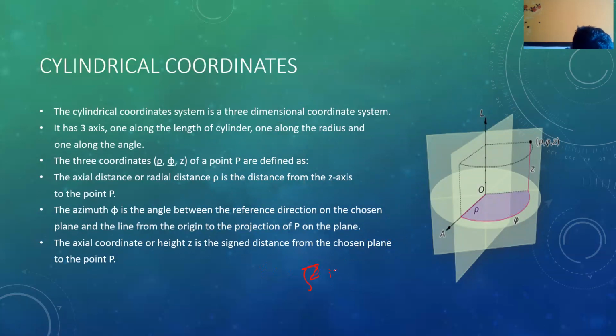Generally, rho is radius, phi is angle, and z is height.